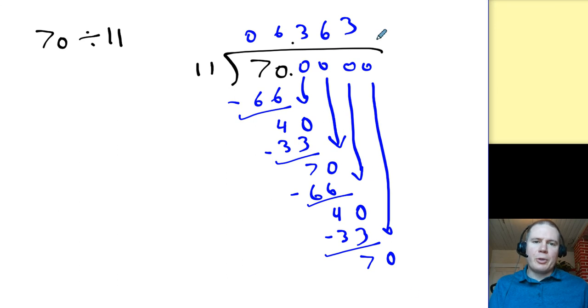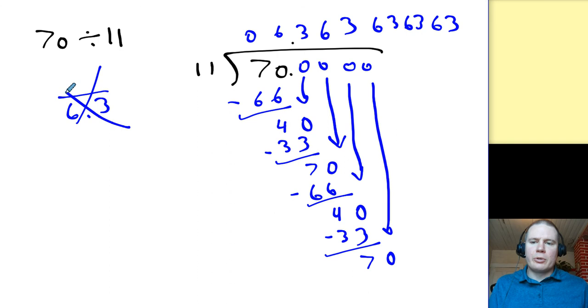So what's happening with our quotient? 6, 3, 6, 3, 6, 3. That 63 is repeating over and over again. But this is not a thing. The whole number has to be stated as a whole number.